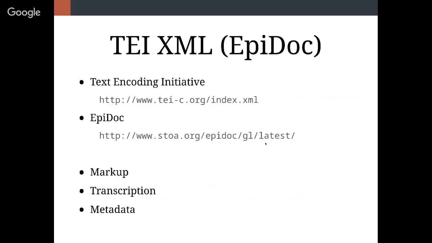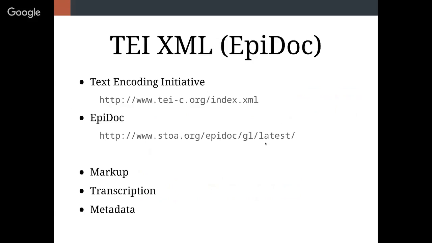Okay, let's talk a little bit more about markup and the particular way that the texts need to be structured. I'm not going to go into a huge amount of detail about this other than to say that the way the Scaife Viewer works is it assumes that the texts follow the Text Encoding Initiative, and in particular, the EpiDoc subset of that.